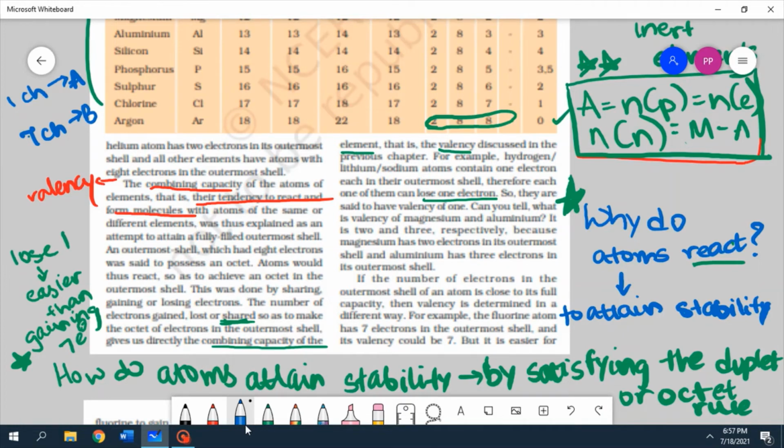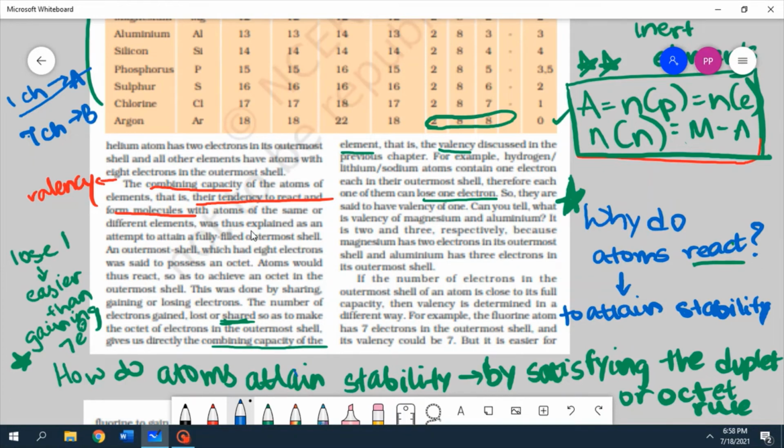So in what way would the minimum amount of energy be lost, right? If you give 1 chocolate, you would lose 1 unit of energy. But if B gives you 7 chocolates, it would lose 7 units of energy. So it would be easier for A to give 1 chocolate to B than the ease with which B would give A 7 chocolates. That's exactly how reactions between atoms are organized.